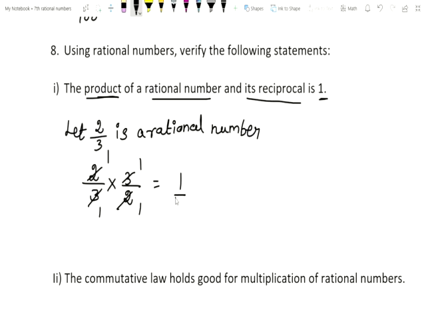So what answer are we receiving, children? 1. Okay. So the product of a rational number and its reciprocal is 1. You understand, children? So hence verified.